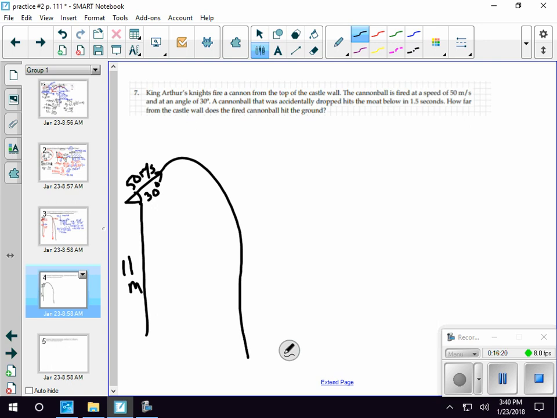Now let's start talking about what's happening with this angled projectile. That will help us out. First things first, let's do a little trig, figuring out my initial Vx and my initial Vy. Vx is going to be the cosine of 30 times 50 meters per second.